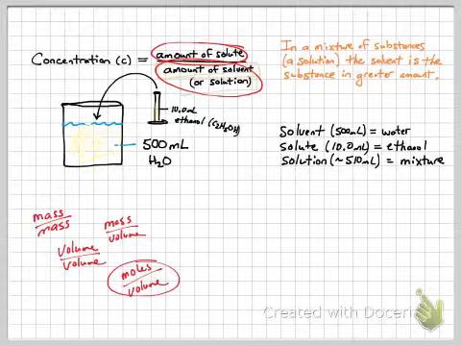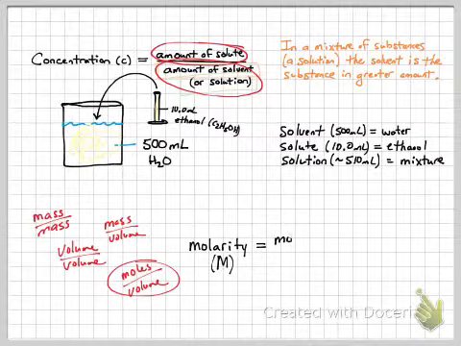And in particular, we'll be looking at a concentration unit which is called molarity. Chemists use this concentration unit very often. A molarity, which is abbreviated with uppercase M, is defined as the moles of a solute per liter of solution.